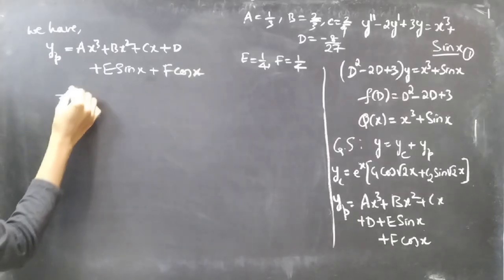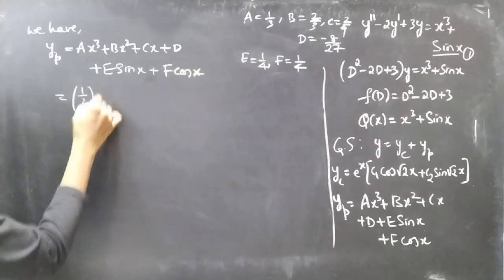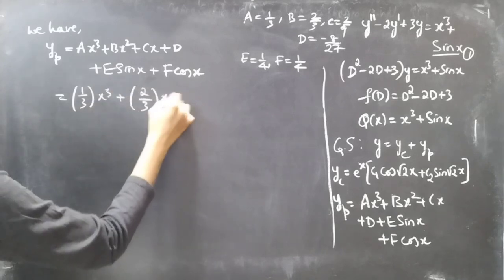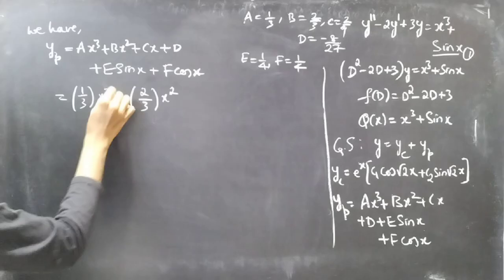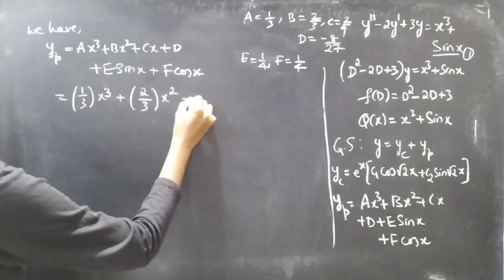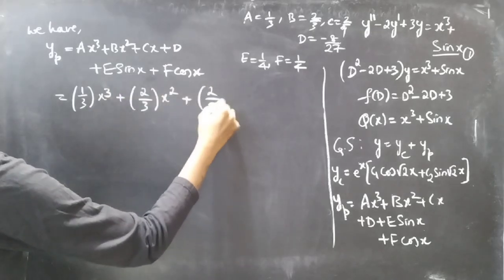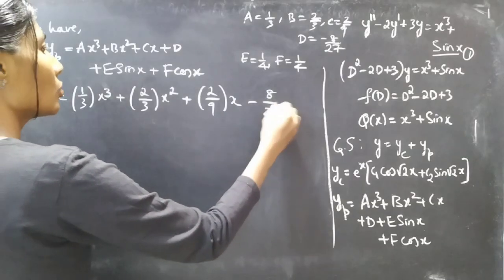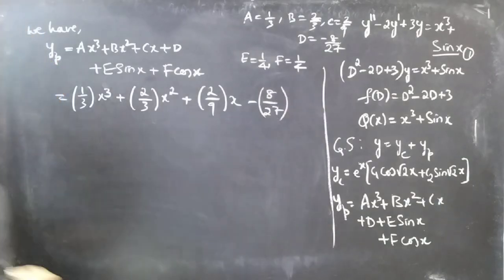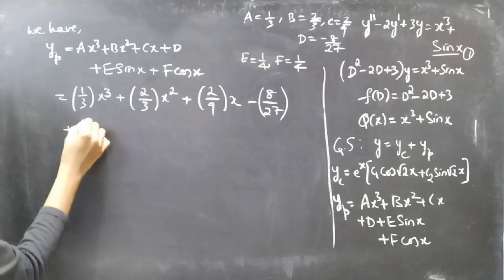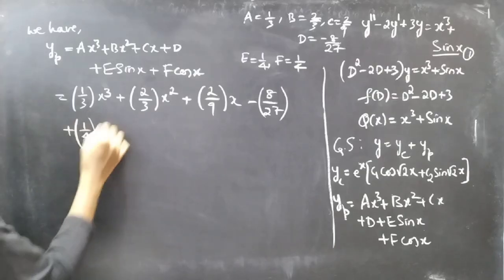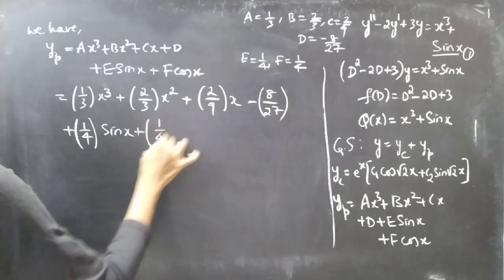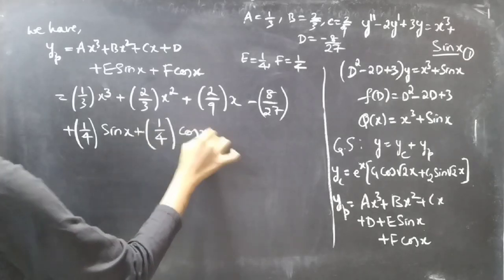We'll get a 1 by 3 into x cube plus b 2 by 3 into x square plus c 2 by 9 into x plus d minus 8 by 27 plus e 1 by 4 sin x plus f 1 by 4 cos x.